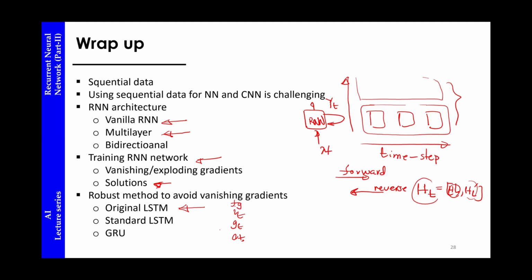The LSTM has control on inputting the information to the network and outputting the information from the network, and also has the ability to forget part of the information that is not important. And this control on information flow makes the LSTM an interesting network.